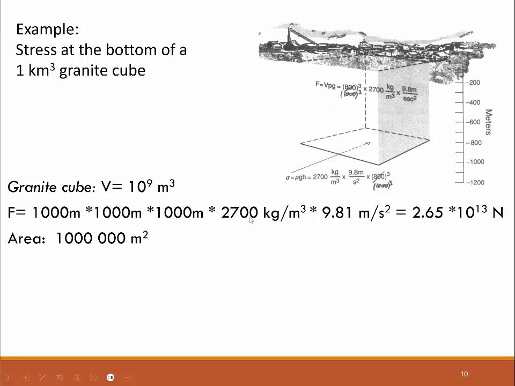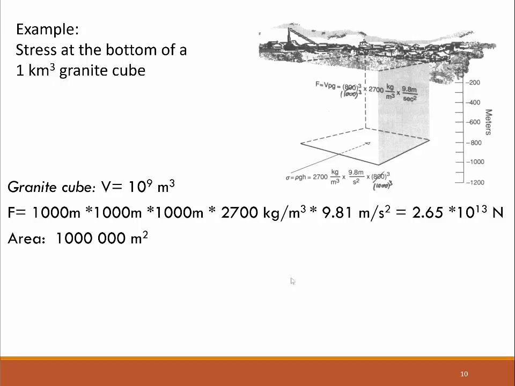Each of these 1 billion cubic meters would weigh about 2.7 tons, so 2,700 kilograms, times the gravitational constant, 9.81 meters per second squared. This would give us in newtons the force that is acting on a 1 square kilometer surface in 1 kilometer depth, and 2.65 times 10 to the power of 13 newtons is quite a lot.